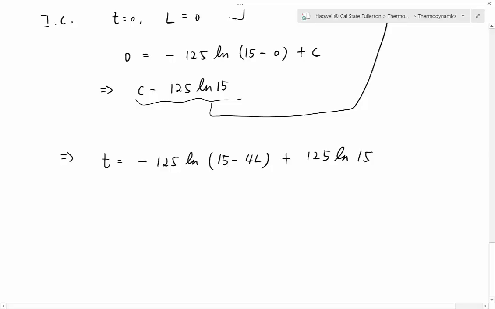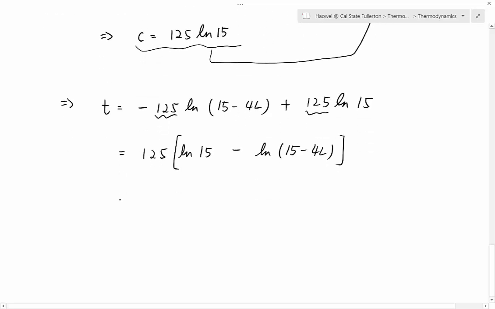Okay, so they both have 125. We take 125 out of it, so it becomes natural log 15 minus natural log 15 minus 4L. Okay, we can further simplify the right hand side to natural log 15 divided by 15 minus 4L.